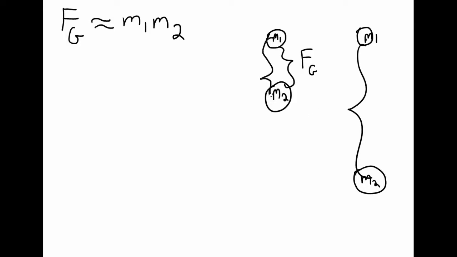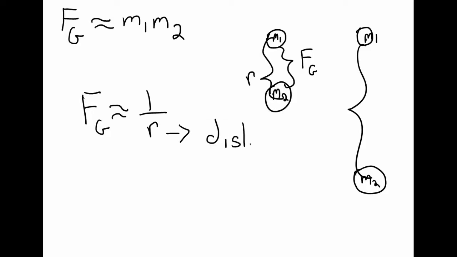And we say that the distance between these objects is r. So he realized that the gravitational force is inversely proportional to the distance, which we're going to call r. So that r is the distance between the two objects.